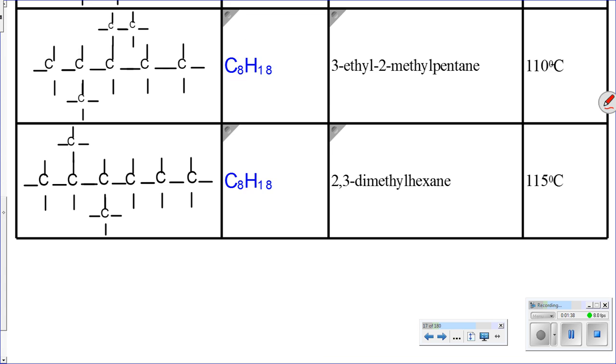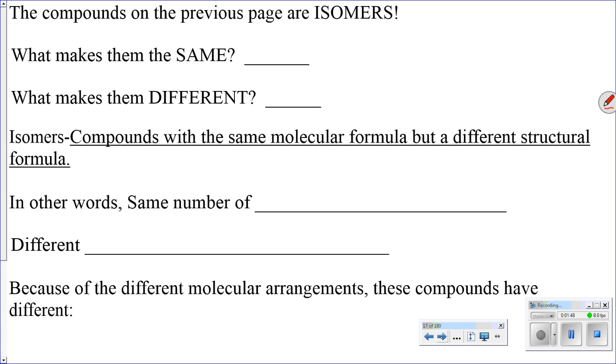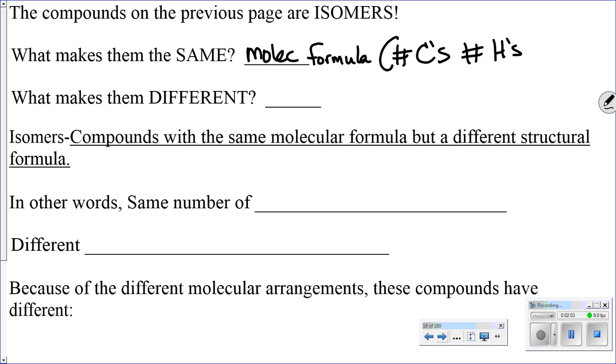If we reacted these compounds, they'd actually react differently as well. These compounds are what are called isomers. Now, the reason that they're called isomers is because they have the same molecular formula. In other words, the number of carbons and the number of hydrogens is the same.